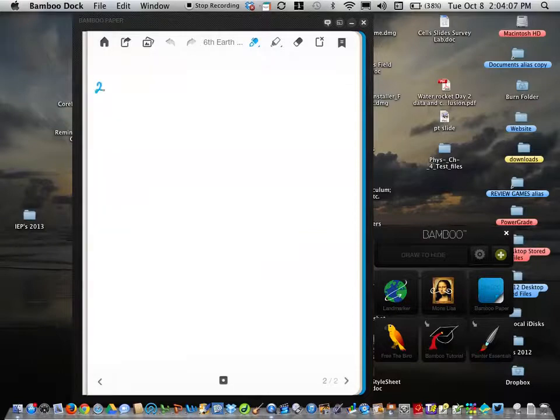The next type of boundary is called convergent. And guess what that's moving? Together. Instead of moving apart, it's moving together.